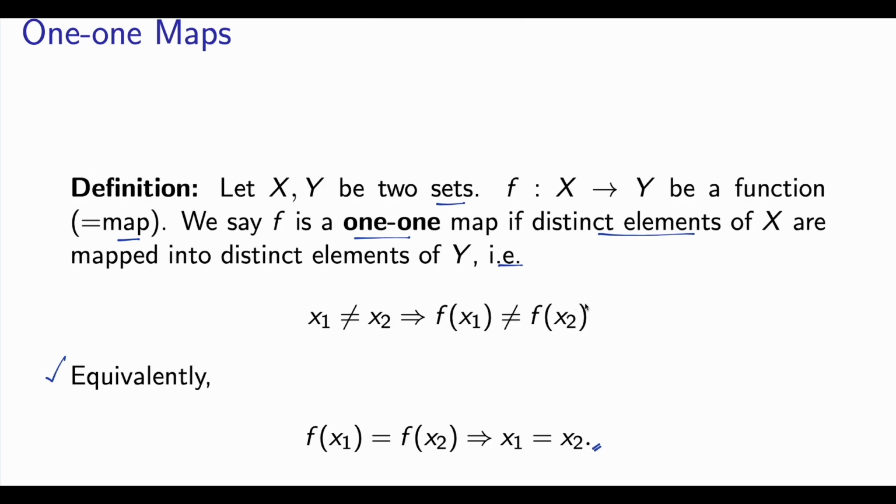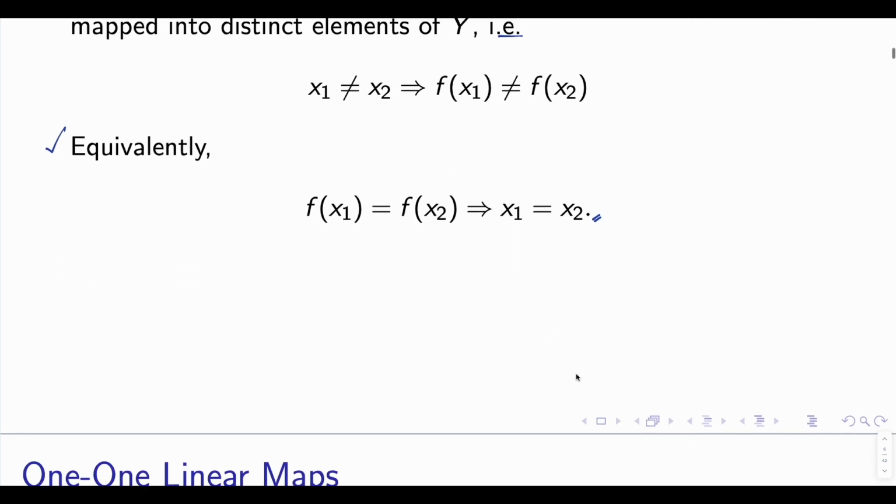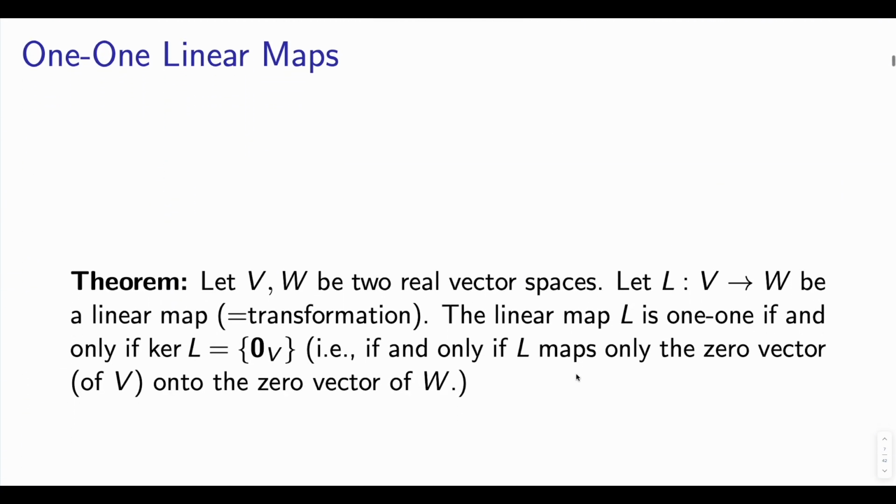You know these two results are equivalent, right? Now one more important result: 1-1 linear maps. Let V and W be two real vector spaces and L from V to W be a linear map or transformation.